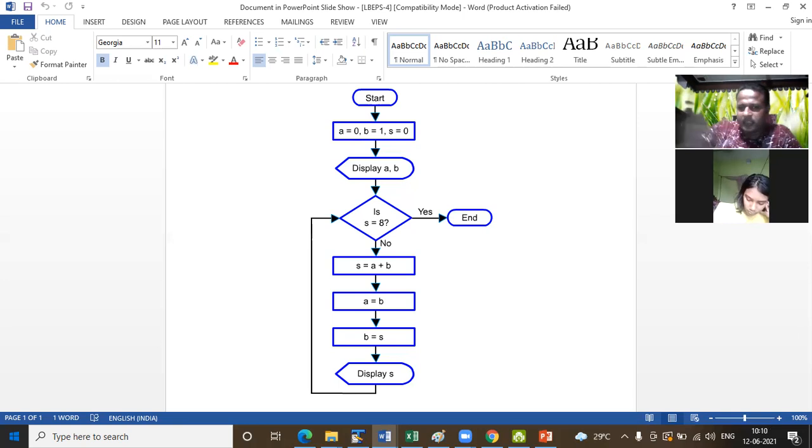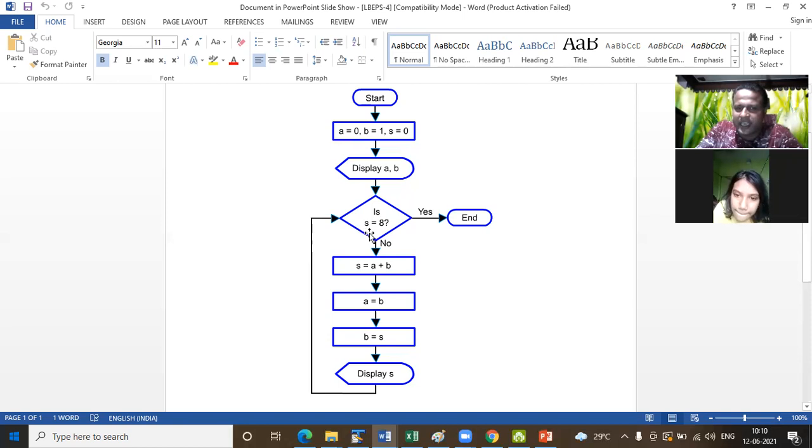Now on the other side, write A and B. So display A and B means 0 and 1. So A value is 0, B value is 1.